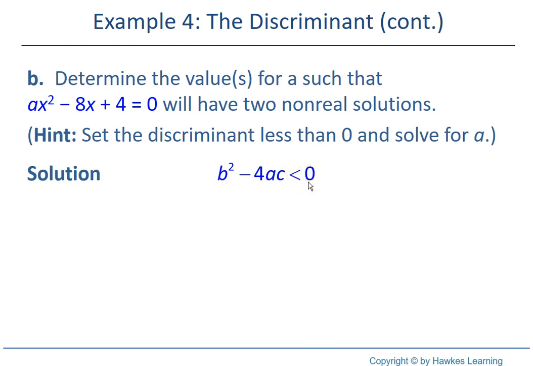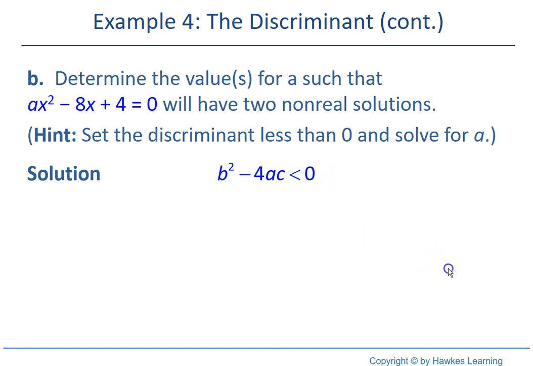If you recall our first slide, in order for this to be non-real solutions, that is, complex numbers, imaginary numbers, what we had under the radical sign had to be less than 0, that is, negative.